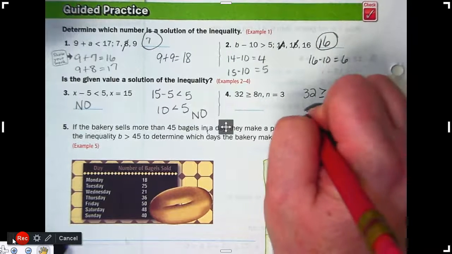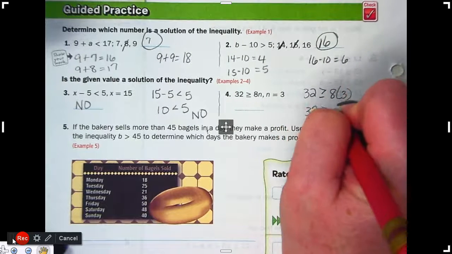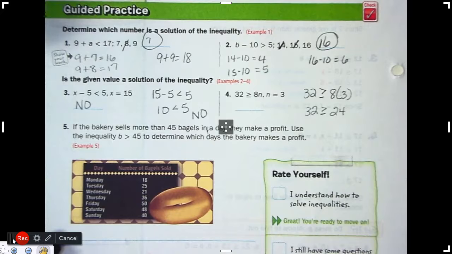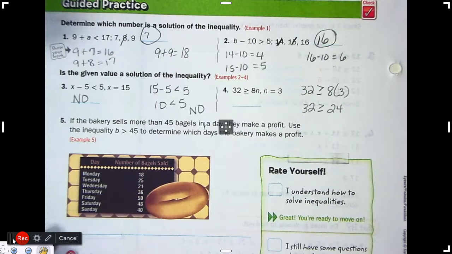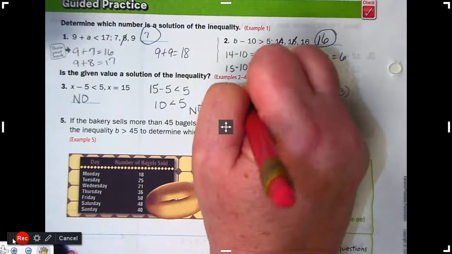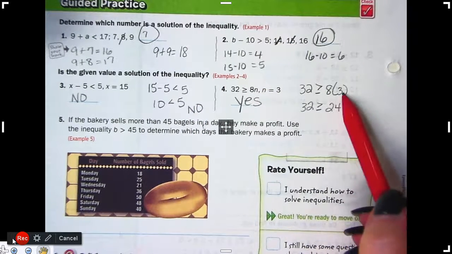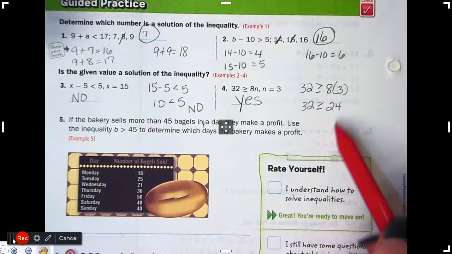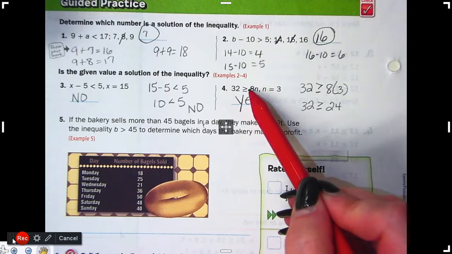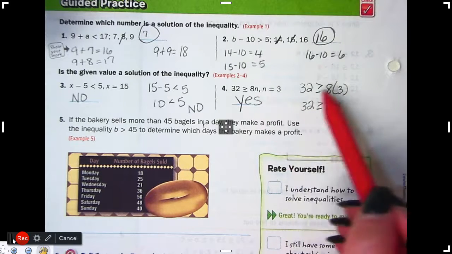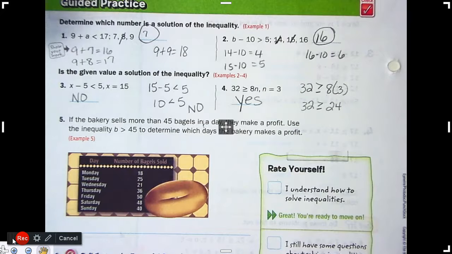So is 32 greater than or equal to 24? Yes. So yes, it is a solution. Make sure that you didn't think that meant 83 when you put the 3 next to the 8. Whenever you have a coefficient with a variable, that's a multiplication problem.